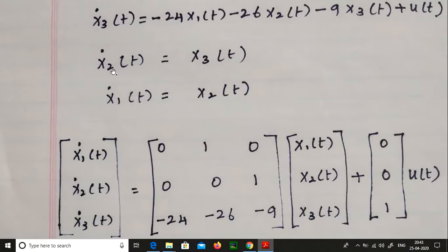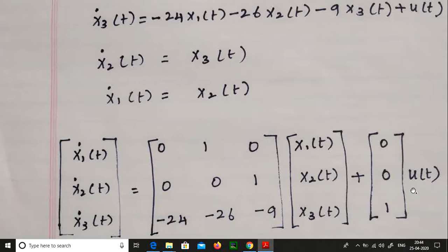Second, only x3 of t is there, so 0 x1 of t, 0 x2 of t plus 1 x3 of t plus 0 u of t. And x3 dot of t: x1 coefficient minus 24, x2 coefficient minus 26, x3 coefficient minus 9, plus 1 u of t. So this is called the state equation.